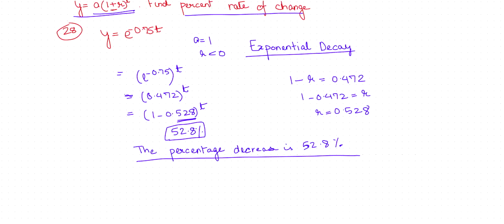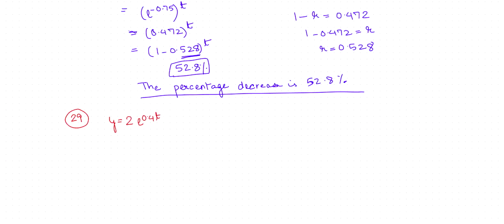Now let's do one more problem, maybe problem 29. In this case, we see that a is equal to 2 and r is greater than 0.4, so we can see that it will be exponential growth.